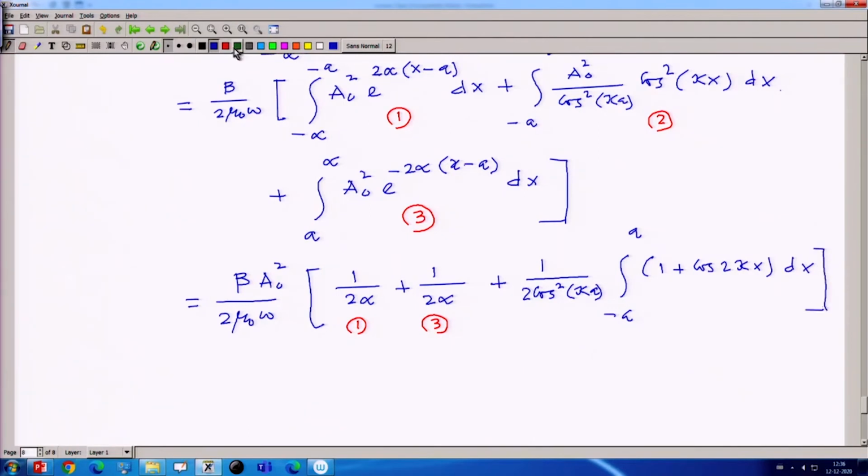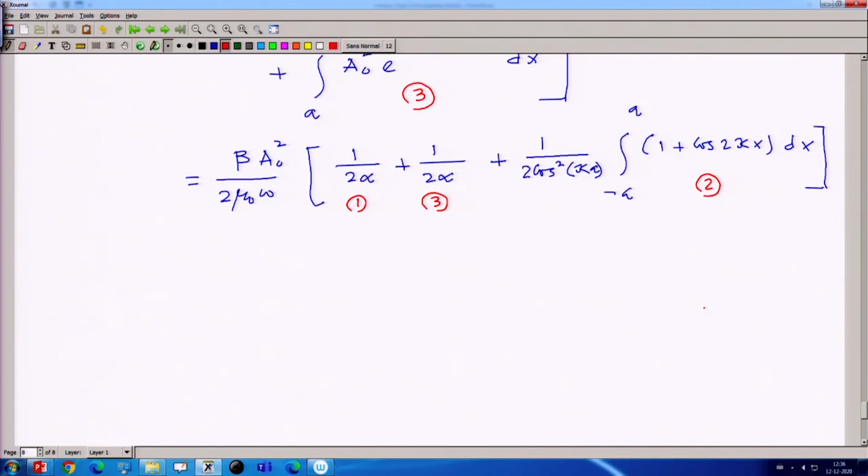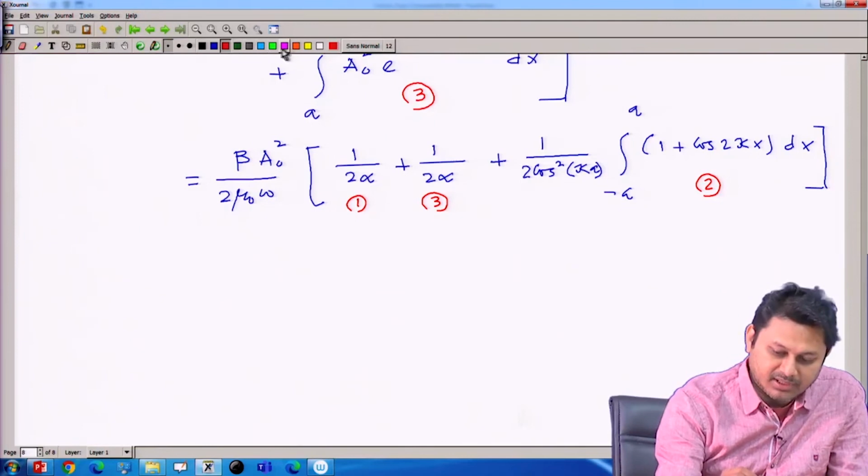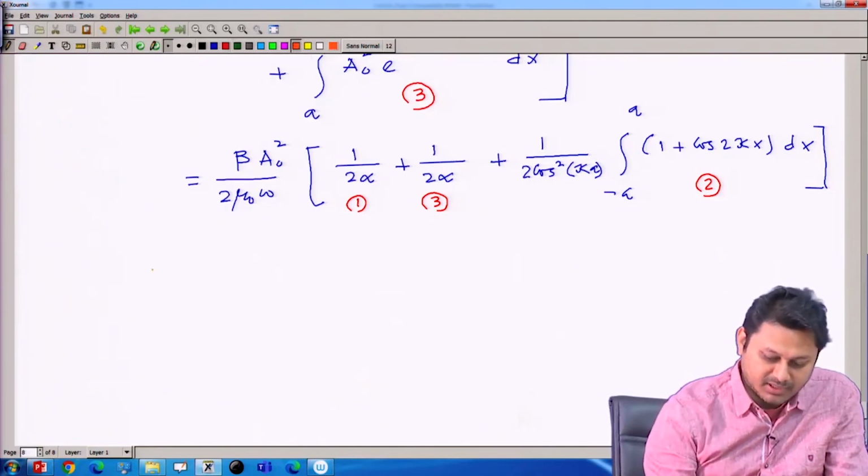So, the first two integrals I already calculated, the last integral I need to calculate. So, I can simply calculate here, maybe in a different color.